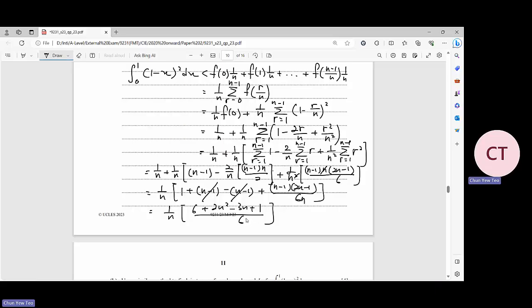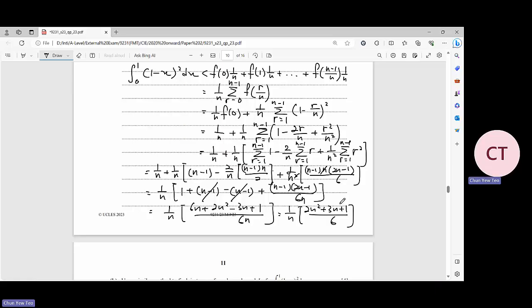My apologies. Okay, so this is a 6n, and this one will be a 6n. Then if you continue here, you can get 2n squared plus 3n plus 1 over 6.